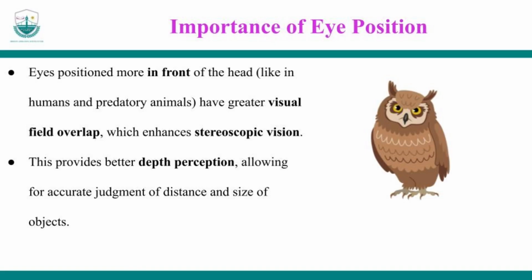Animals that have their eyes positioned in front of the head have a greater visual field that overlaps, and this enhances their ability to bring the views of the same object together in what we have explained as stereoscopic vision.